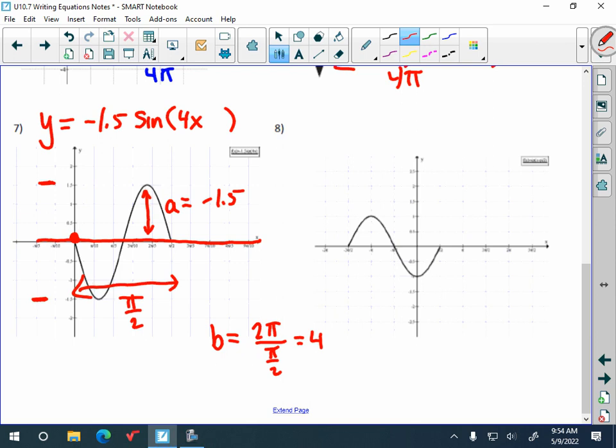All right, last one. So this one we are going to do a phase shift on it. Our midline again is at 0. These are going up by halves, so our a value is 1, and it's a sine graph.